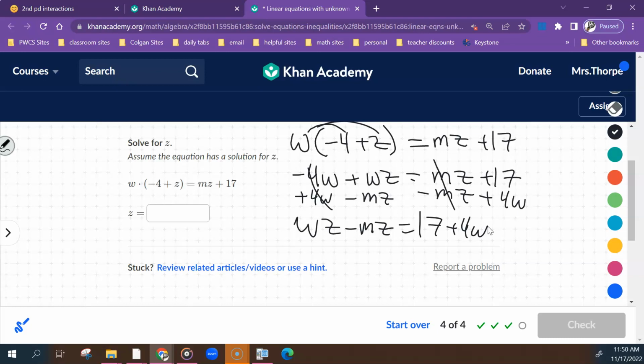Just like before, we're trying to get that Z outside of parentheses, so it's by itself. So we're going to take it out, divide both of these and see what's left. So for this one, it would be W. For this one, it would be negative M. And then we would divide both sides by what's inside the parentheses.